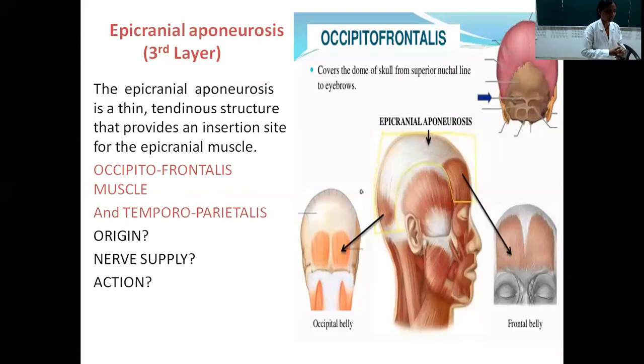What is the function and nerve supply of this muscle? I told you at the time of nerve supply, the two nerves which are motor, the rest are sensory. What are those two nerves? One is the temporal branch supplying the frontal belly. The second is the posterior auricular branch supplying the occipital belly.